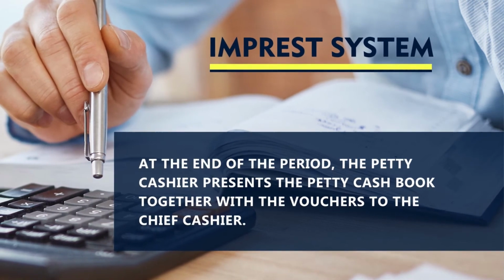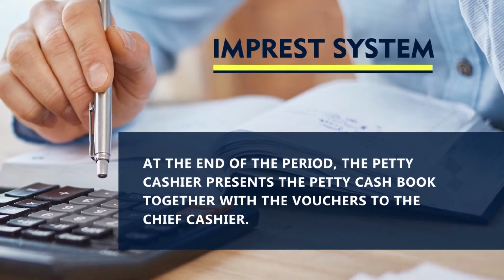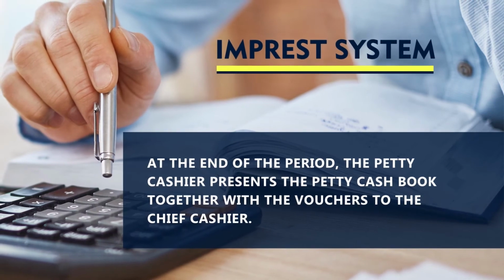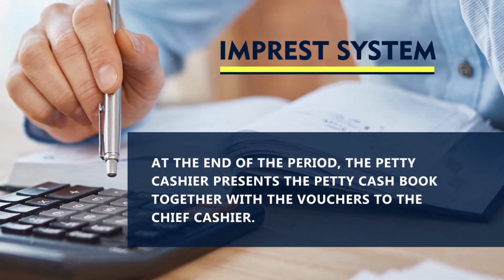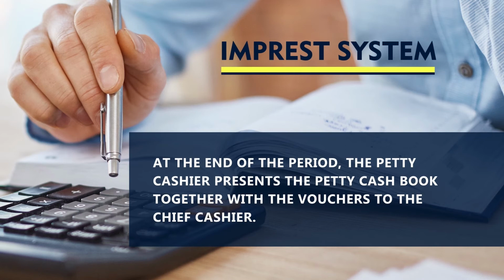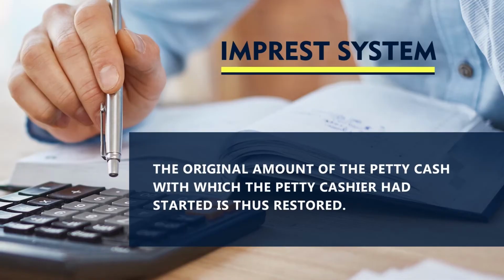So whatever amount he has spent in order to make the petty payments, the chief cashier gives him an equal amount. The original amount of petty cash with which the petty cashier had started is thus restored.